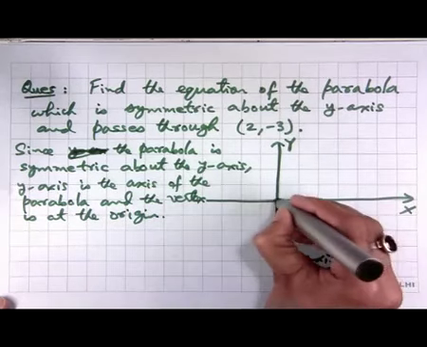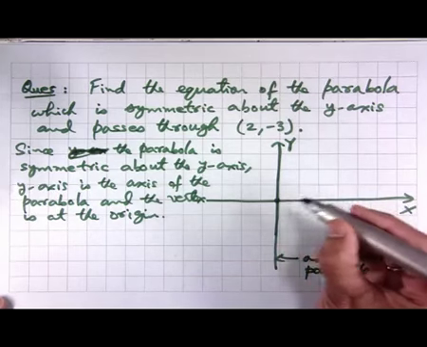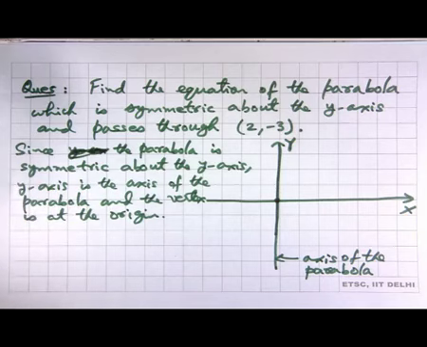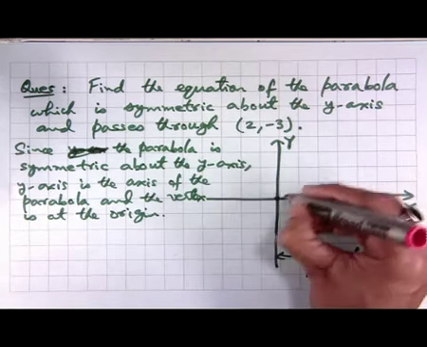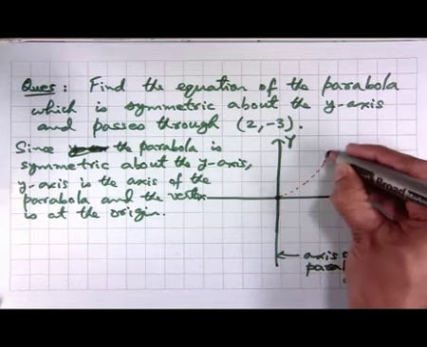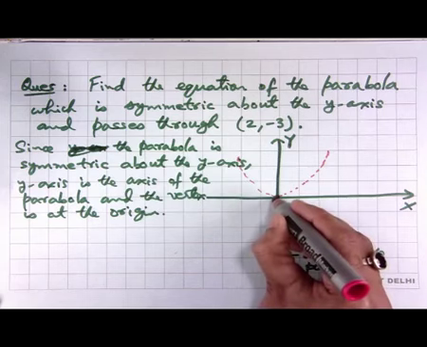So, we have the vertex is here and this is the axis. So, therefore, this will be either facing upward like this, or it will be like this.